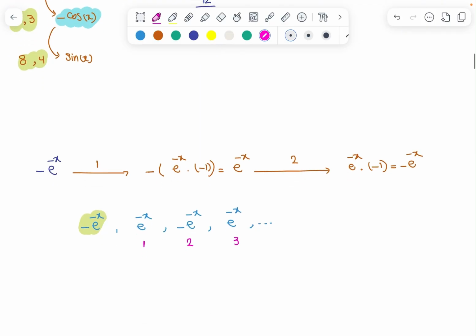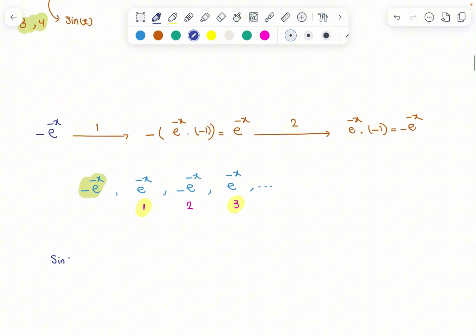So, as you can see, for odd numbers, the derivative of this function would be e to negative x. Since 1335 is odd, the 1335th derivative of negative e to negative x would be e to negative x.